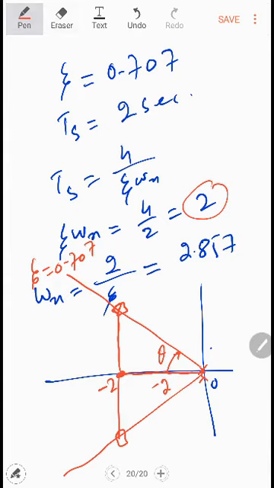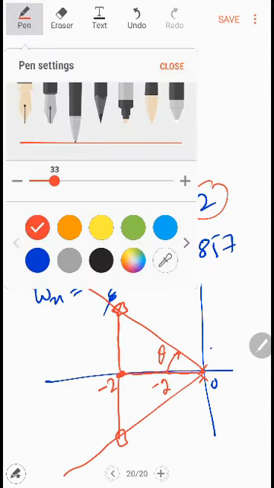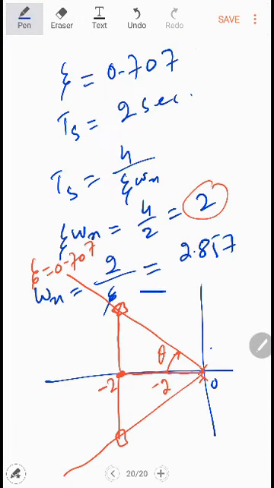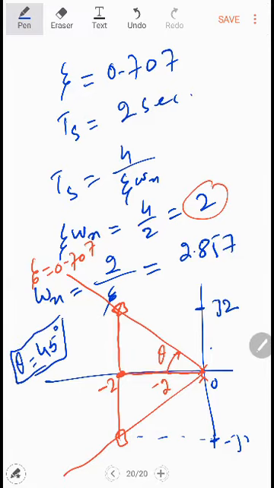If it is 45 degrees, then the two lines should be equal. So this point will be equal to plus j2, and this point will be equal to minus j2, because theta will be equal to cos inverse of 0.707, which is equal to 45 degrees. So this is 2 and this is also 2.